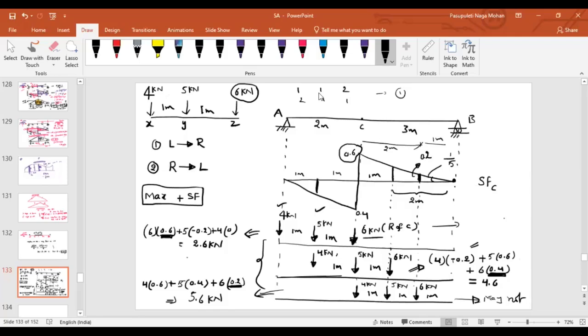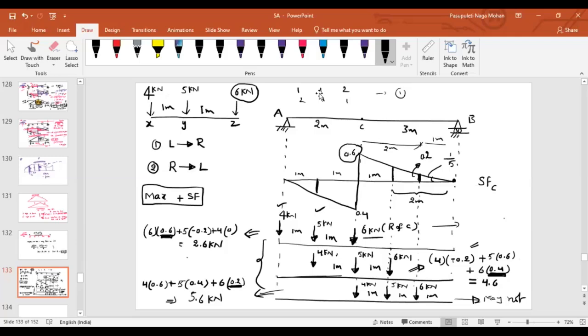Is it okay now? Any doubt in these three cases? Any doubt as of now? If there is a series of point loads, is it clear for the maximum positive shear force? The same thing applies for negative shear force too.